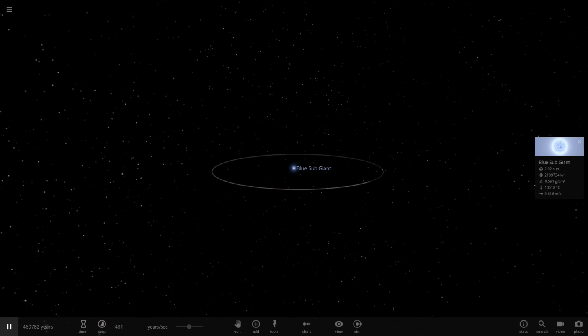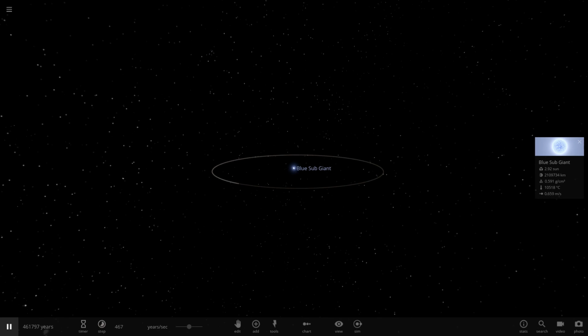If a planet does survive around this, it will be battered, scorched, burnt, vaporized, sandblasted. It will be blasted by radiation from the star every time it has a mega flare.